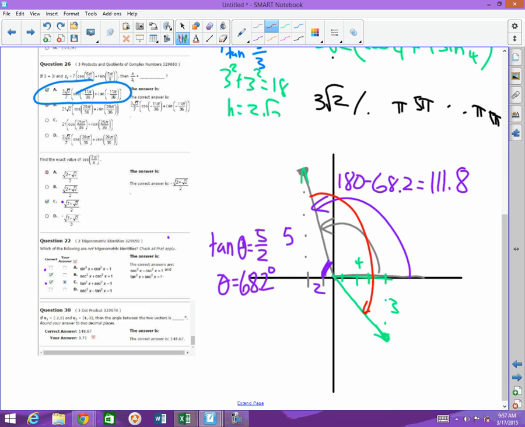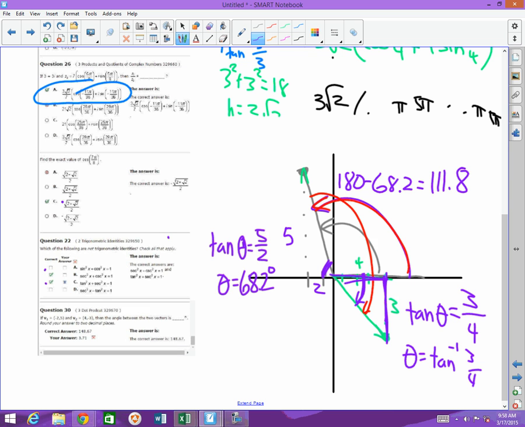Well, we've already figured out that this part from here to here is 111.8. Now we have to figure out what's this part from here to here. Well, that would be tangent of theta is equal to 3 over 4, because this is 3 and that's 4. And then inverse tangent of that.